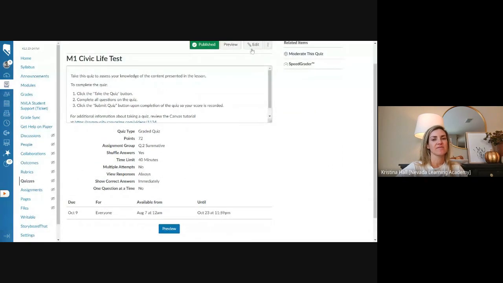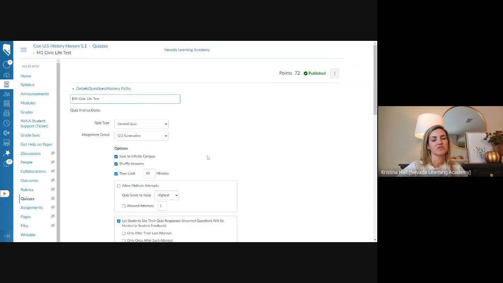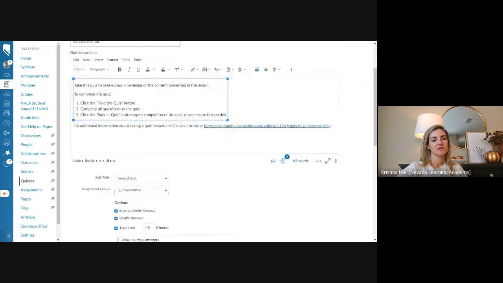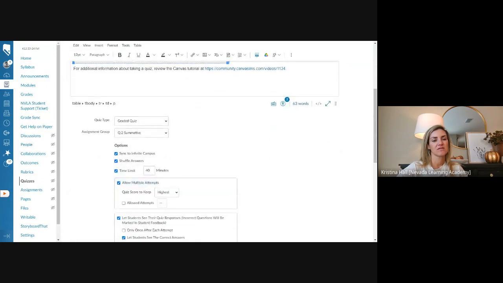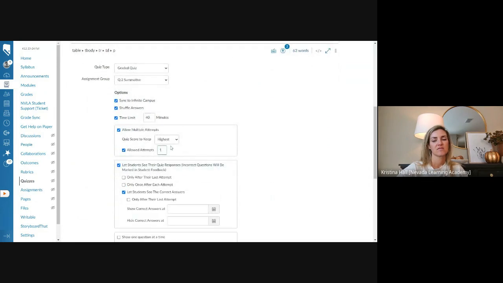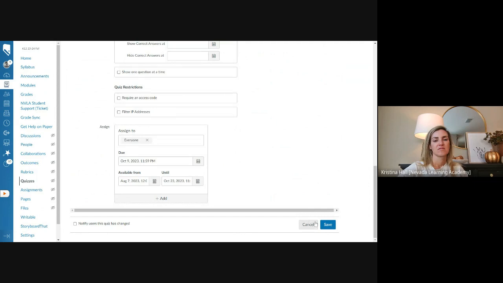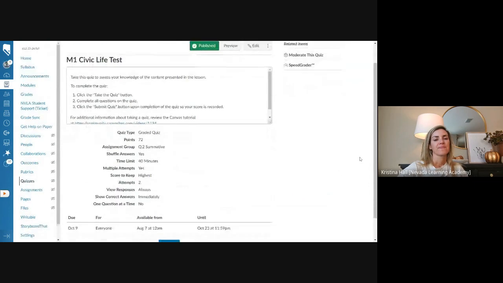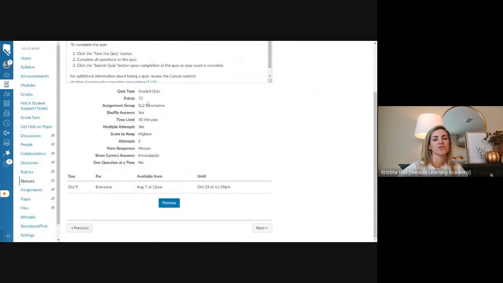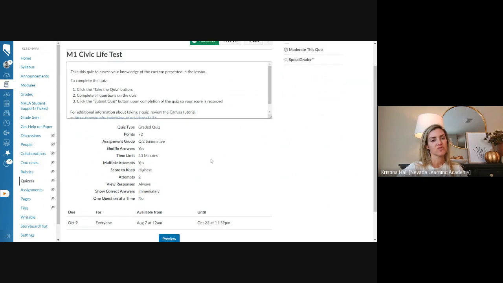And then you need to take the assessment. I'm going to give 2 attempts on this. It's worth 72 points, so this is an opportunity to really bump a grade.